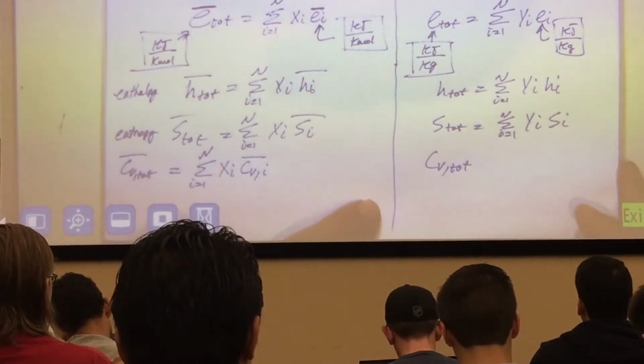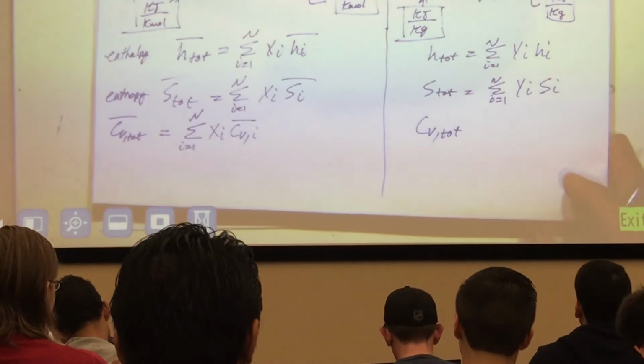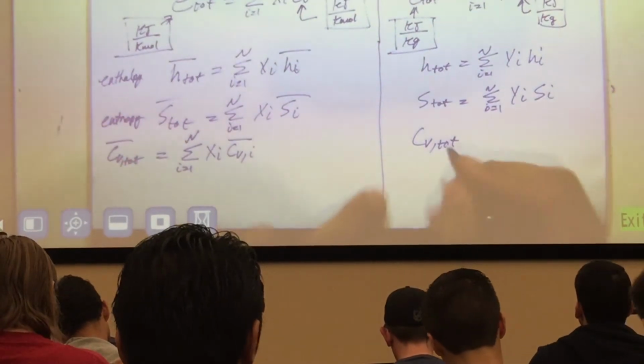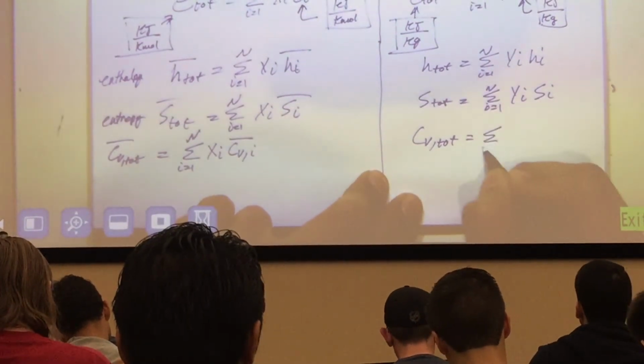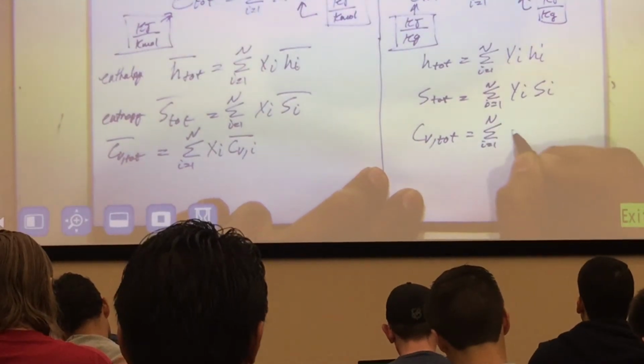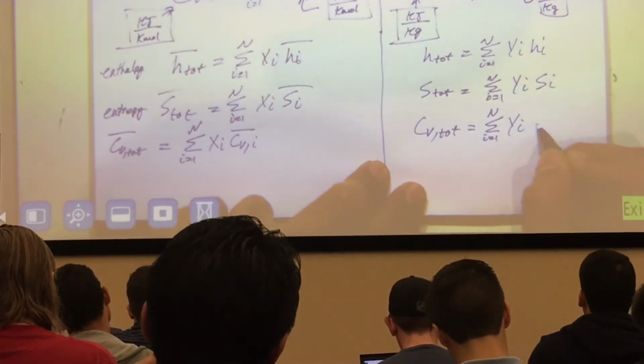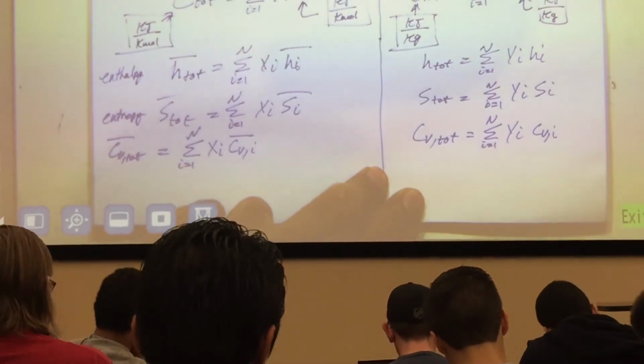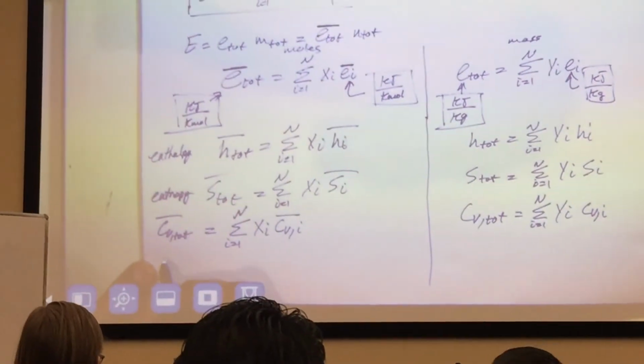And I'm listing them on the same page here so you have them right next to each other. It's equal to the summation of i equals 1 to N of Yi Cv i.